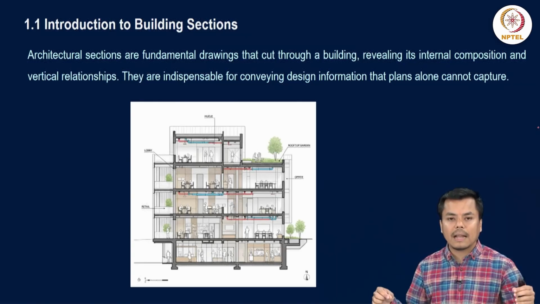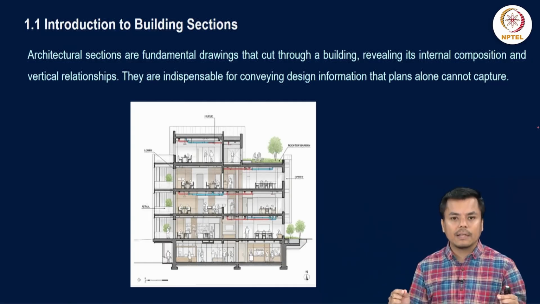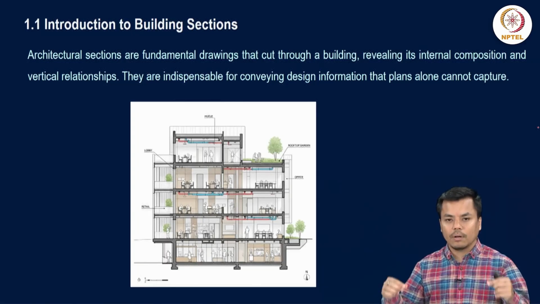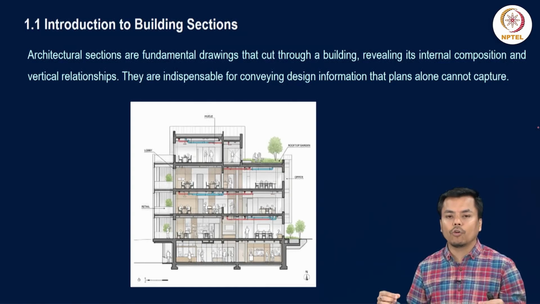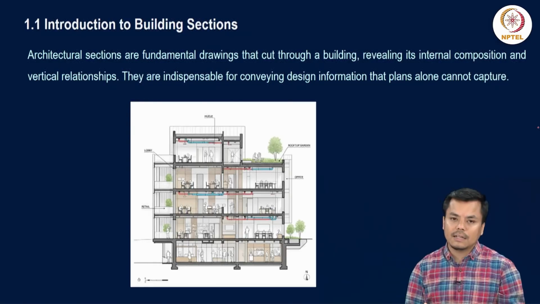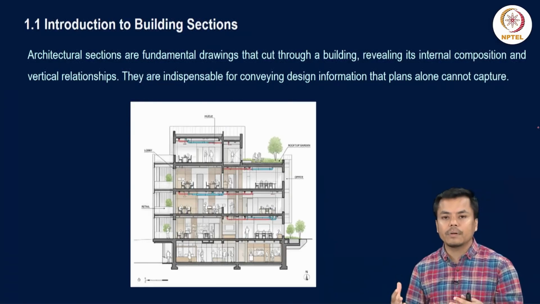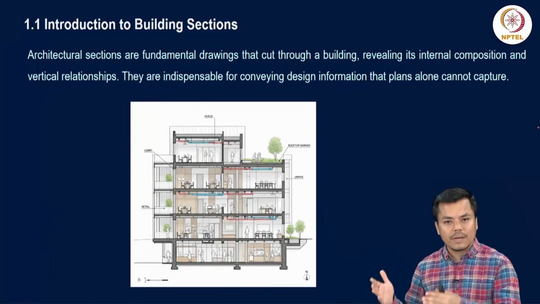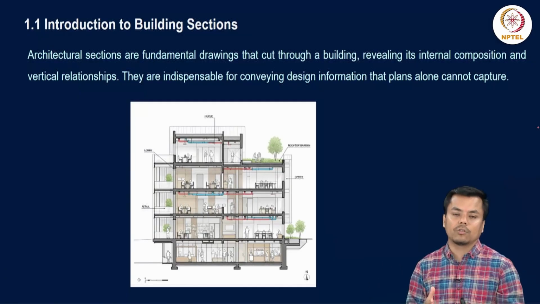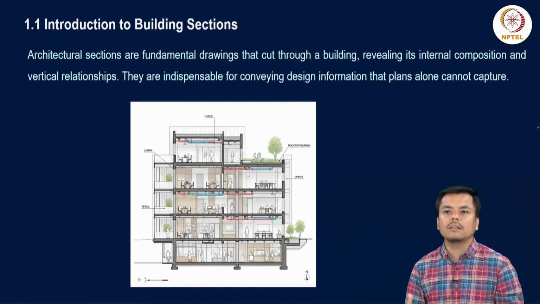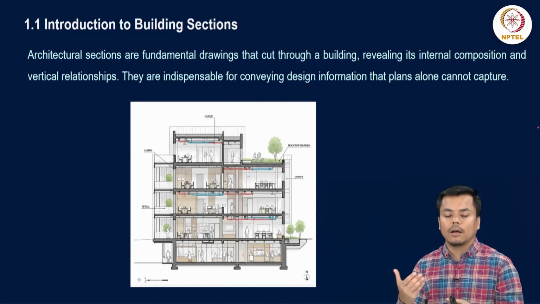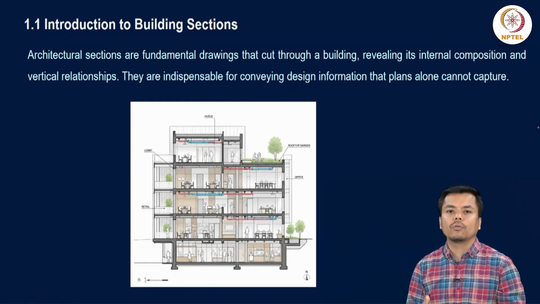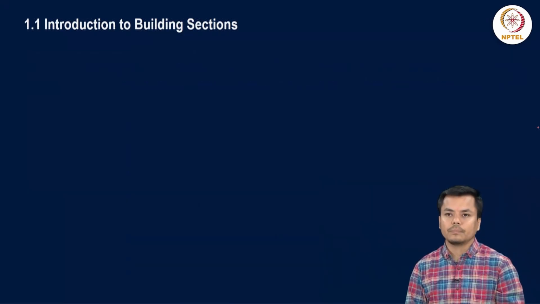So you have to depict a line in your floor plan and label it as A dash A or B dash B, and using that imaginary line in your floor plan, you have to cut the entire structure and then showcase the details regarding the structural members or the materials that are used to divide the spaces and the interior layout of the structure. So all this information is generally expressed through the building sections.